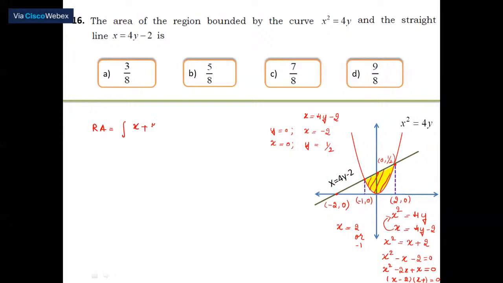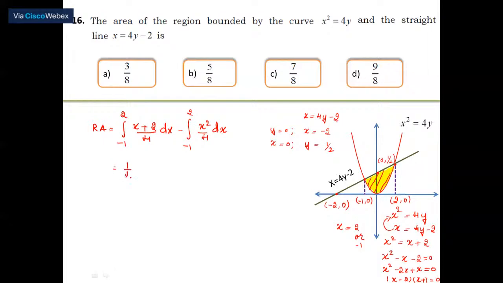So it is x plus 2 by 4, and we have to integrate from -1 to 2. And from this area, we have to subtract the area bounded by the x-axis and the parabola. So it is again the integration of the equation of our parabola, x square is equal to 4y, or from this y is x square by 4 into dx, and we have to integrate this from -1 to 2.